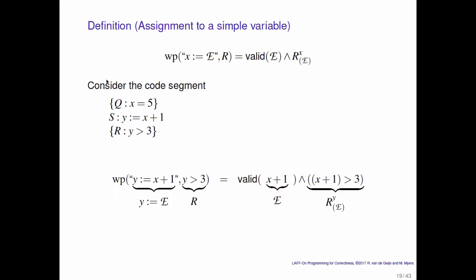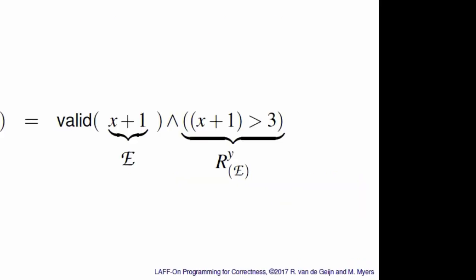And then if you simply apply the definition, you ask yourself the question, is x plus 1 a valid expression? Obviously it is, so that will evaluate to true. And then you have r. Now, the variable to which we assign is y, so instead of x we have a y, a super y. And then we need to replace that by the expression e.